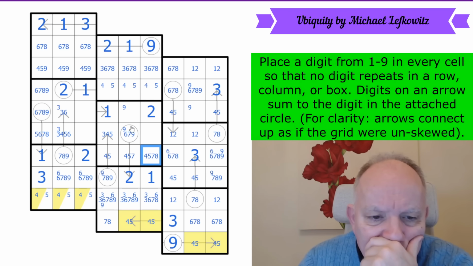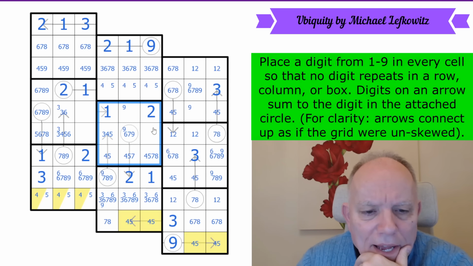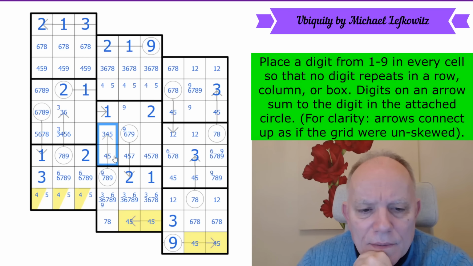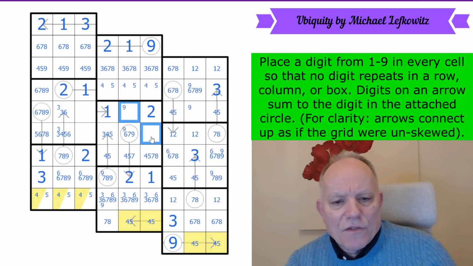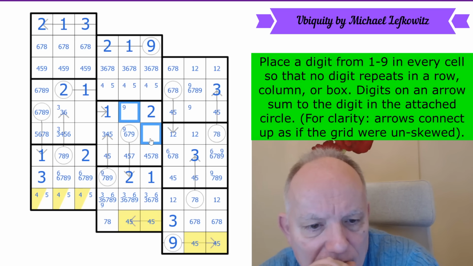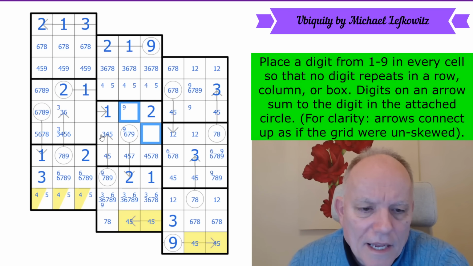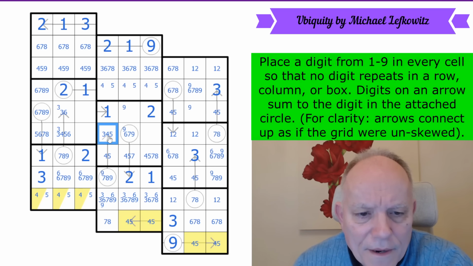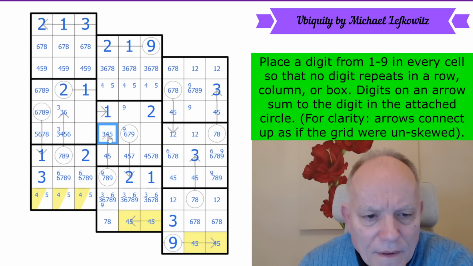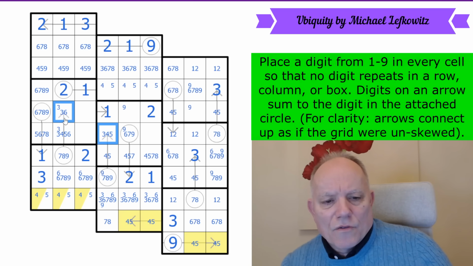Now, something might now be happening in this box. If that is 4 or 5, this is a pair, that's 7, 8, 9. Then I have to fit in 3 and 6 into these cells. Okay, instead this could be 3, in which case that's 3.